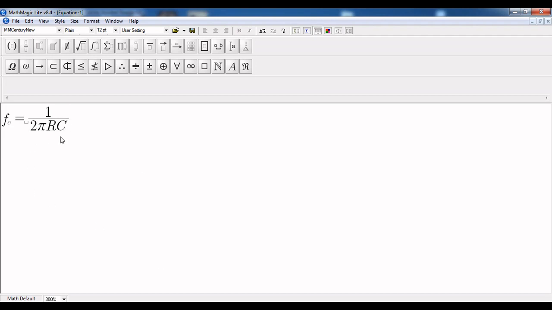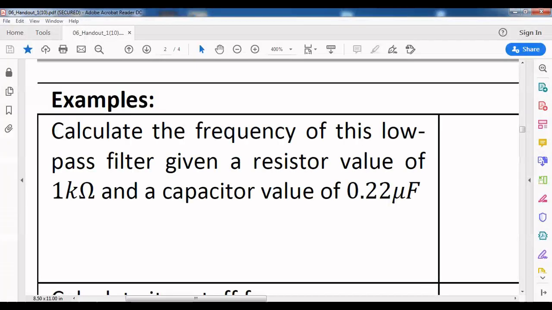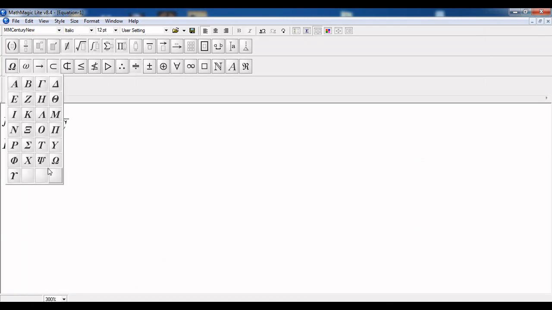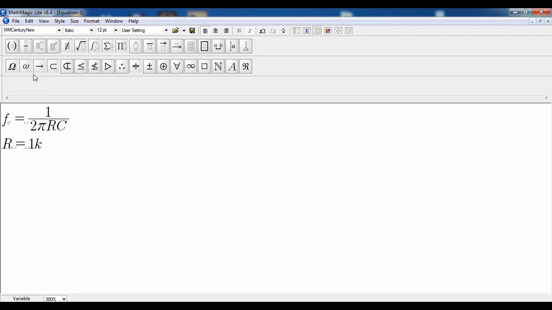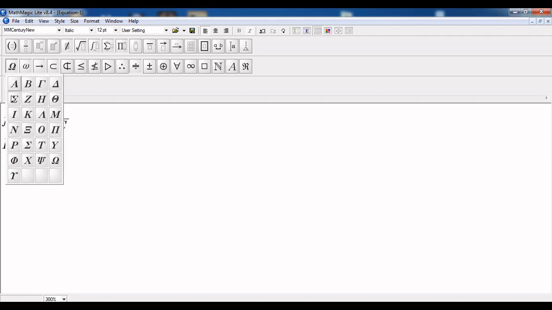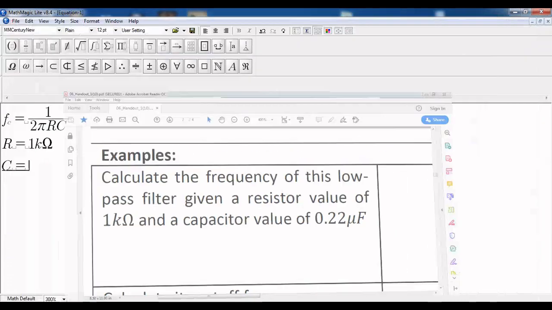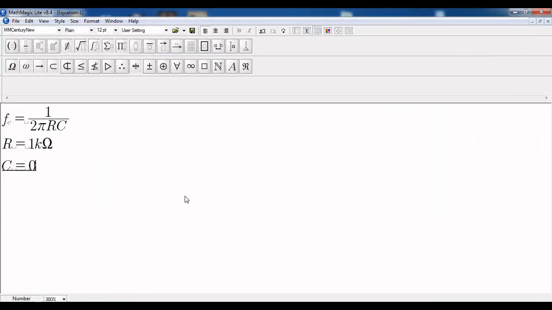So the resistance is given. The resistance was equal to 1K or 1 kilo ohms. Okay. And the capacitance is or was equal to 0.22 microfarad.